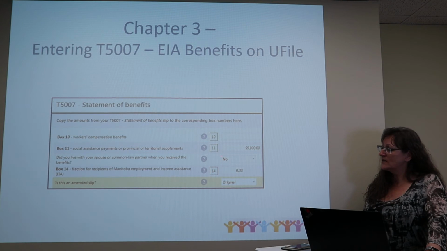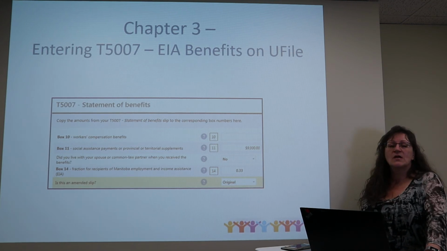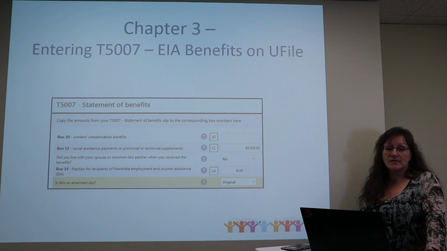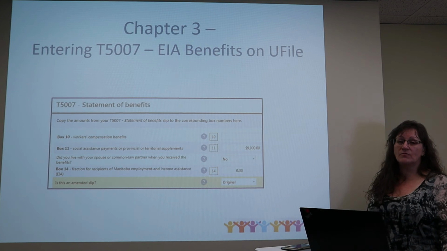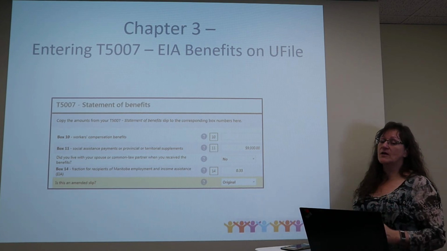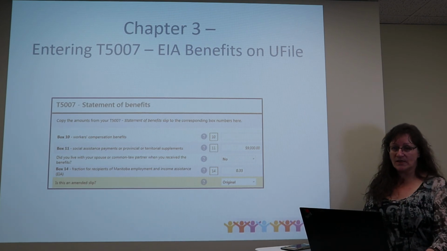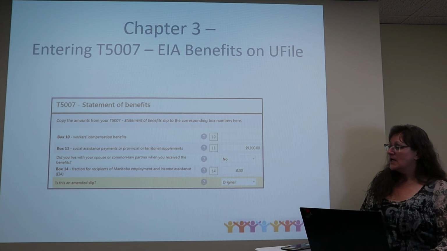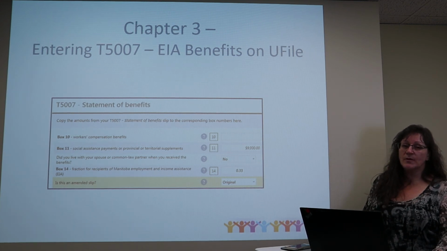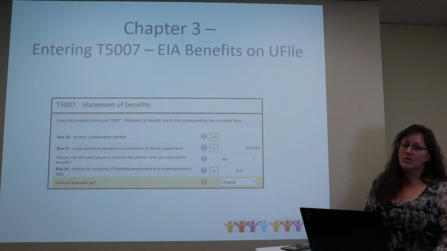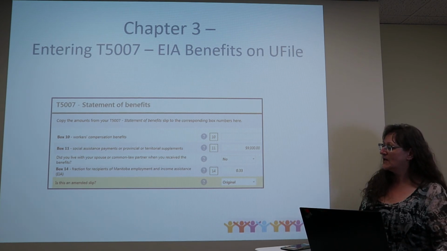The next box asks, did you have a spouse or common law partner when you received the benefits? The default for the software is to say yes, and that is why it would automatically transfer any amount on that slip to the higher income earner if that was the case in a couple situation. If you don't want it to say yes, I received it while I was with my partner, then you will need to tell the software no, as is indicated in this case.